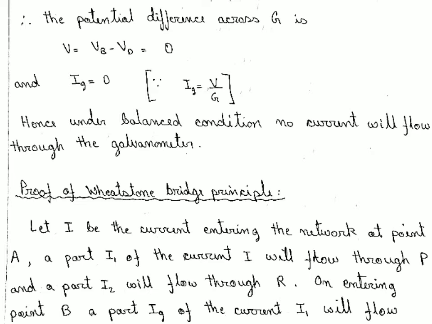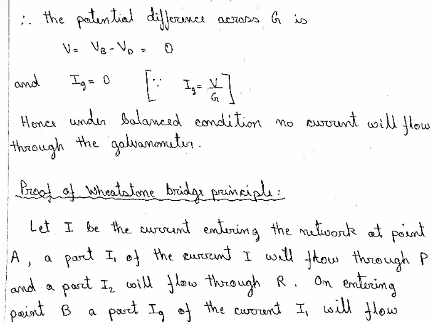Now again, this is by using Ohm's law: IG is equal to V divided by G. Hence, under the balance condition, that is when P by Q is equal to R by S, no current will flow through the galvanometer. So this is the principle of working of the Wheatstone bridge.